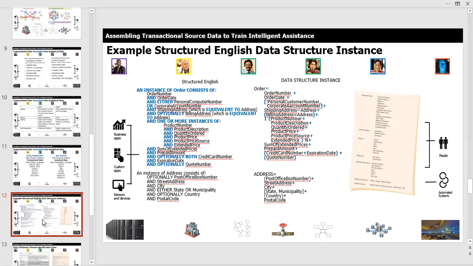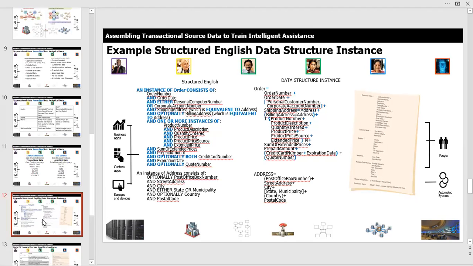All right, so this was sort of, I joked about, and I don't know if any of you saw it or not, but I joked about the idea of getting to see what a data structure instance looks like if written in structured English.